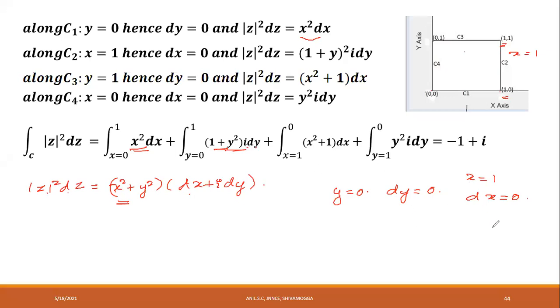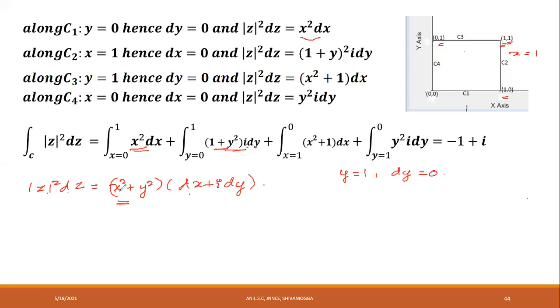Similarly, along C3, the equation is y is equal to 1. Since y is equal to 1, dy is equal to 0.